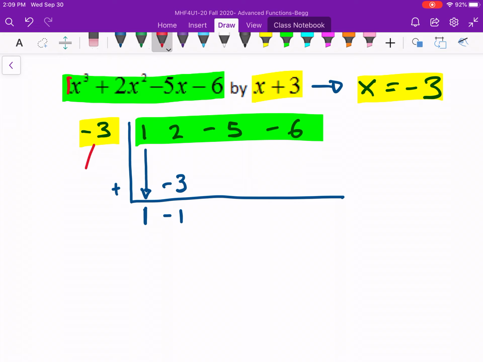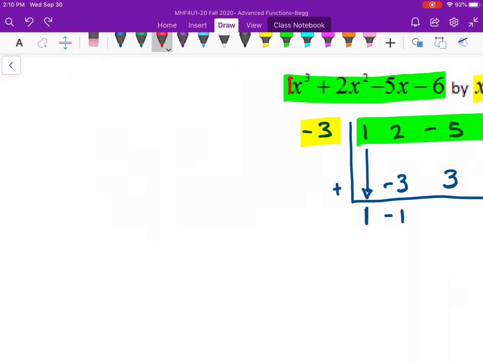I'll take my negative 3 and multiply it times negative 1 here. That gives me an answer of positive 3. And I bring that up to the next column over. Then I'm going to add these two together, and I'm going to get negative 2.